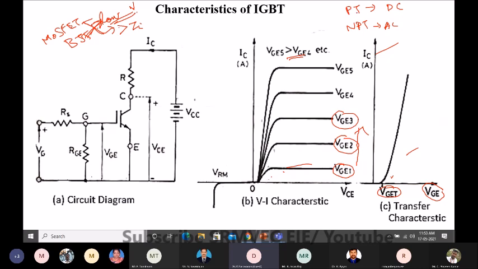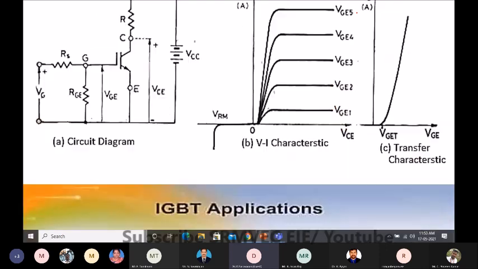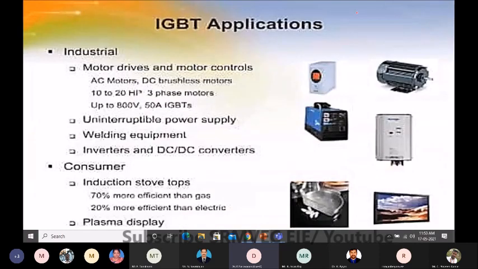Punch-through does have the N plus layer, and without that layer it is the non-punch-through, which is used for AC applications. Then, as I already told, important applications are wherever we need fast switching and pulse width modulation, so this IGBT will be used. Industrial, consumer and different applications.